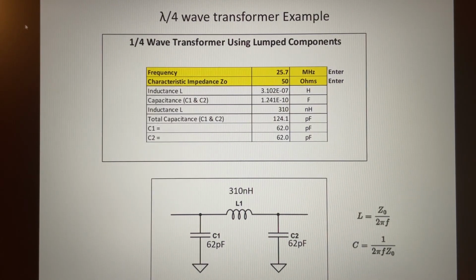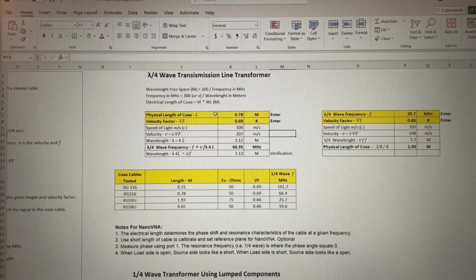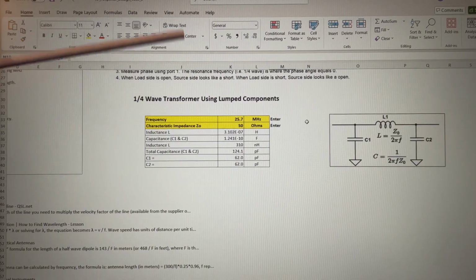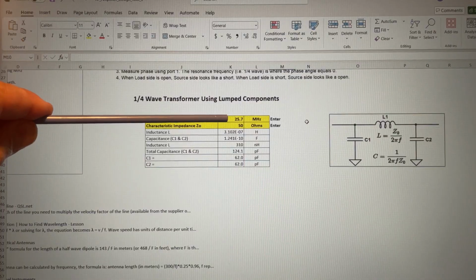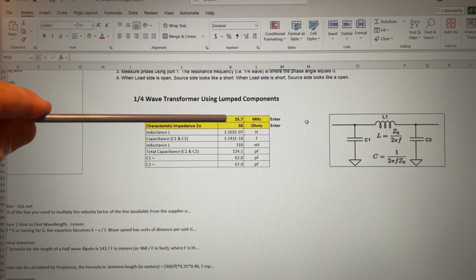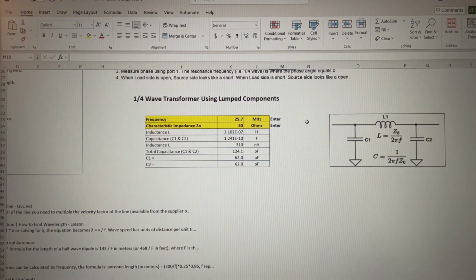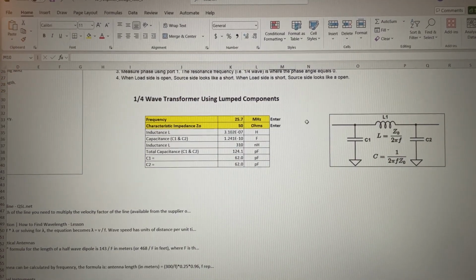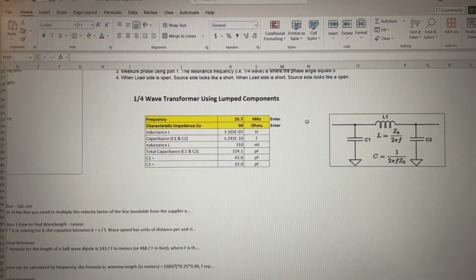Also, as part of that spreadsheet, if I scroll down here, here is the calculator. It will calculate the values of L and C for you using the equations we just discussed. I'm going to use the same frequency that we used in the previous example, 5.7 megahertz at 50 ohms, and there's the value of inductance and capacitance.